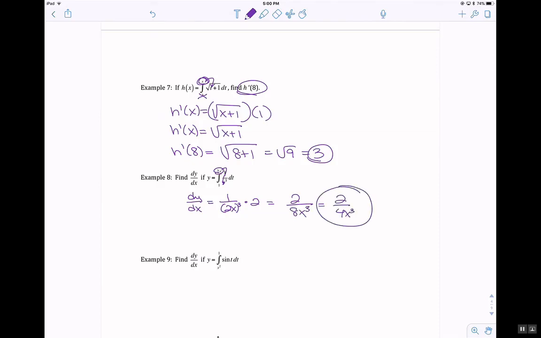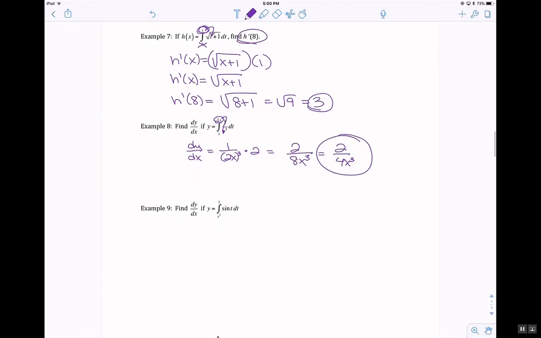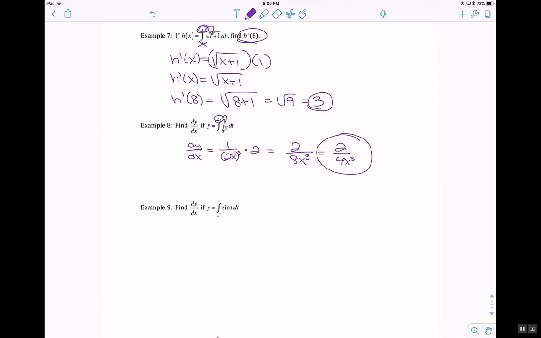If my variable is in the bottom and the number's in the top, then I need to flip them and make it negative. So I have negative the integral from 1 to x squared of sine of t dt. So then dy dx is equal to negative sine of x squared times the derivative of x squared, which is 2x. So dy dx is equal to negative 2x sine of x squared.